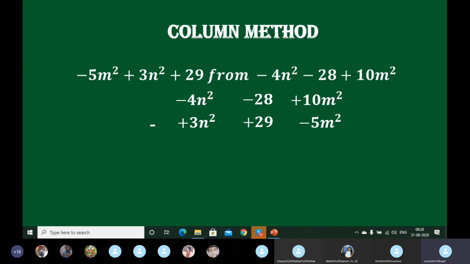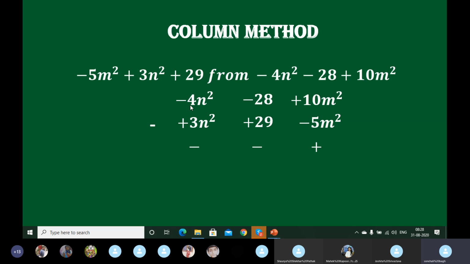Now we will change the sign of plus 3n square, plus 29 and minus 5m square. Just below plus 3n square, we will write a minus sign. Just below plus 29, we will write a minus sign. Just below minus 5m square, we will write a plus sign.